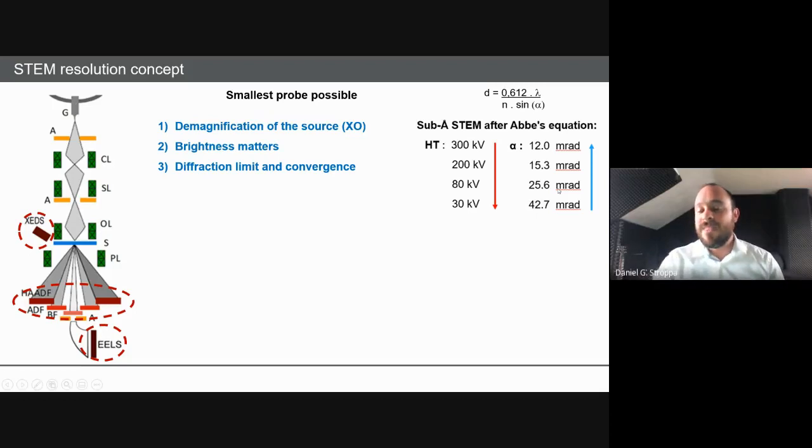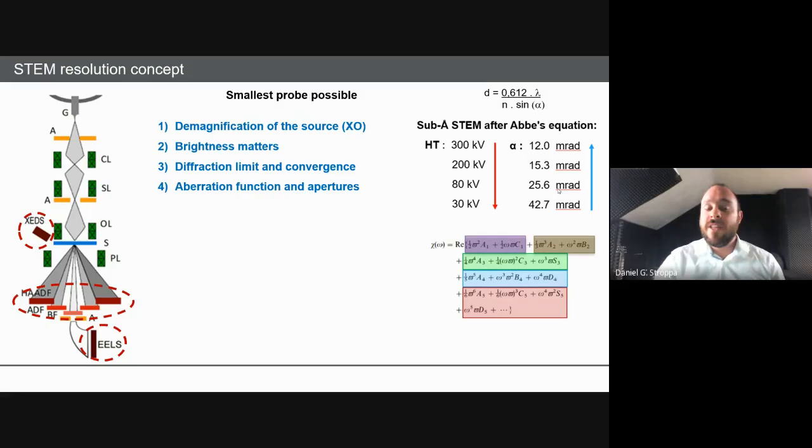So then in practice, when you're in STEM mode, you're using the microscope in a diffraction mode because you want to collect different scattering ranges, very large scattering ranges for high angle dark field. If you want to have Z contrast, you are going to collect intermediary angles for diffraction contrast or small angles for bright field.